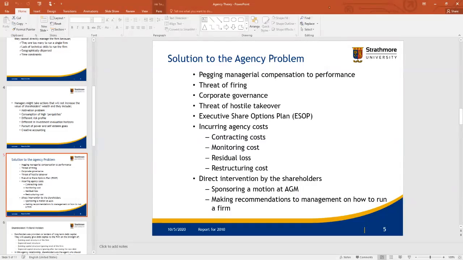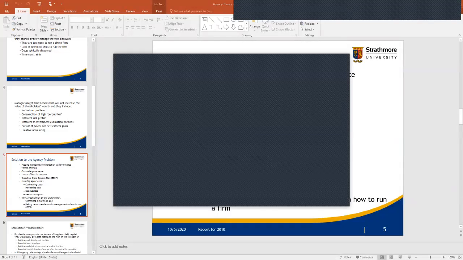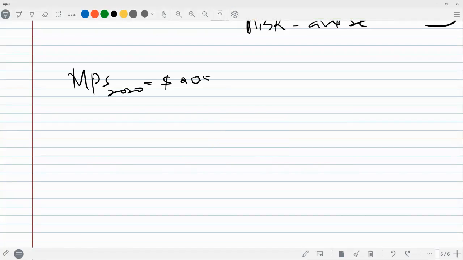Let me just share my writing area. For example, assume that the current market price per share in the year 2020 is, let's say, $20.5.